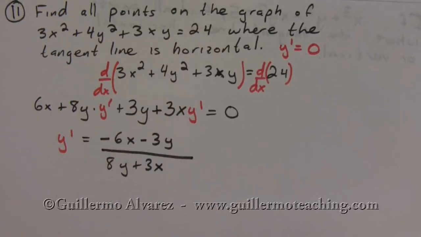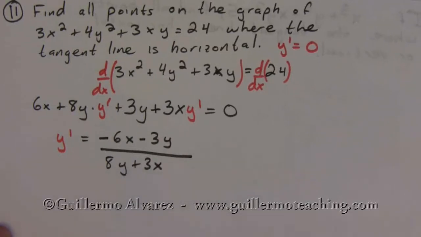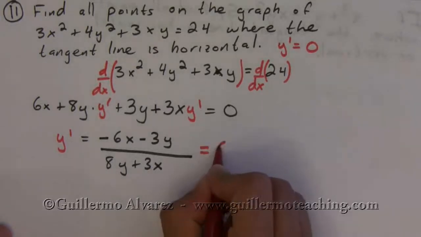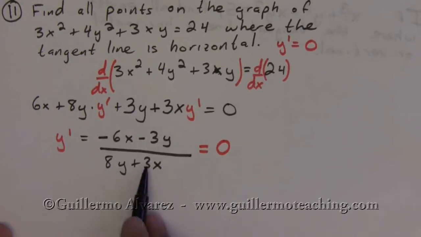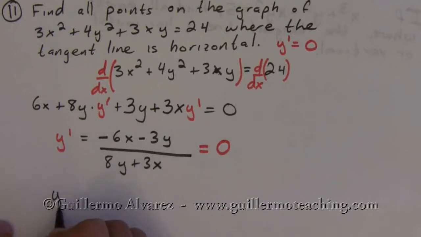Okay, so here I'm basically looking for where this guy is going to equal 0. So I'm not really worried about the denominator here. What I'm really worried about is the numerator.